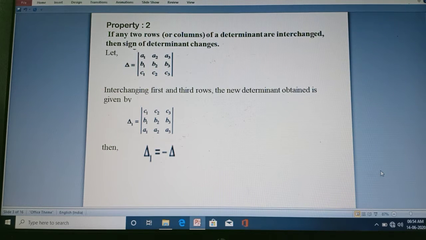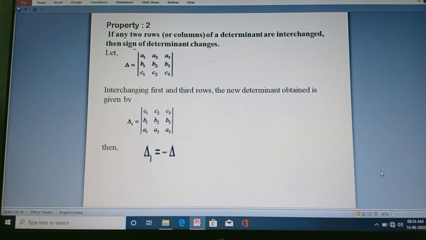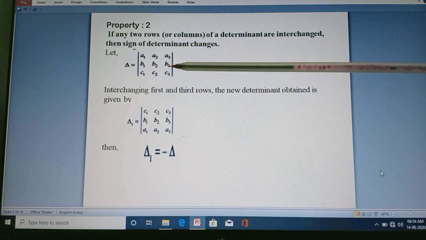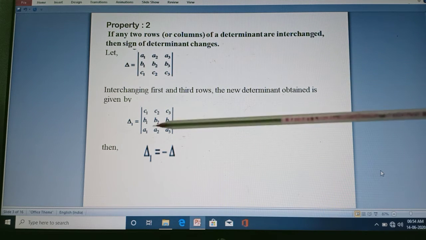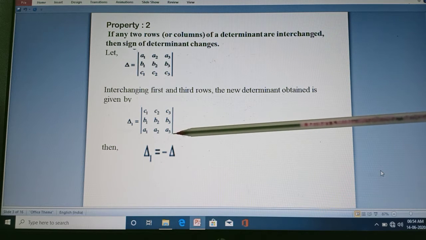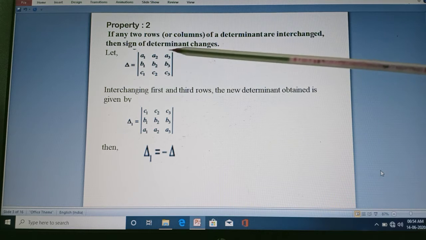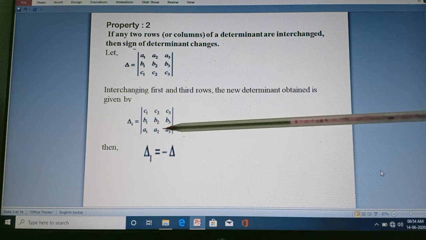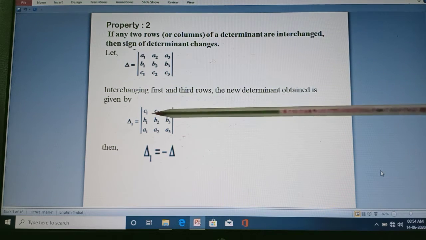Now here, what are we changing? We are changing first and third row. Okay students, if we change first and third row, the first row goes to the third place. First row is A1, A2, A3, so we are writing in place of third row A1, A2, A3, and in place of first row we are writing third row C1, C2, C3.